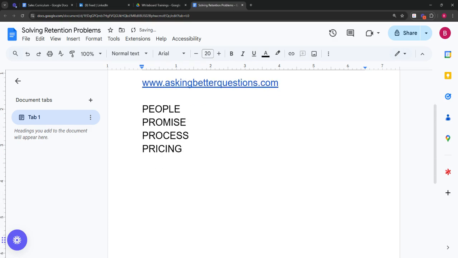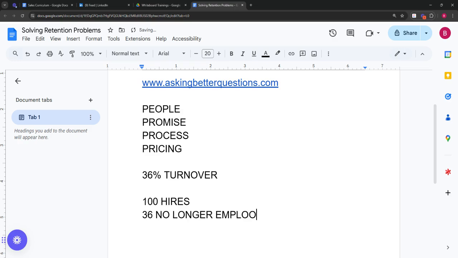So I had a question. We were reviewing a case earlier today, and they had 36% turnover for the year. So that means if they hired 100 people, 36 are no longer employed over a 12-month period.